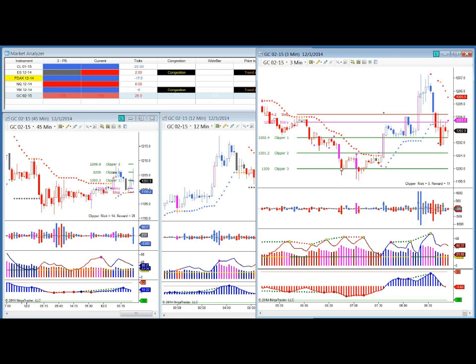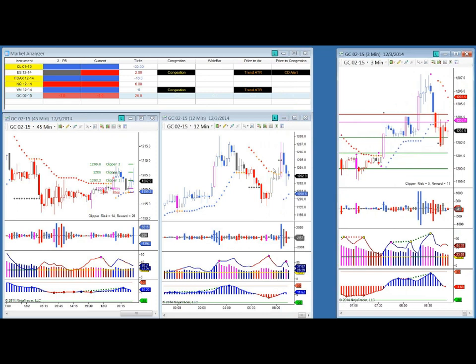And then what happened after I exited? I got an alert that says, hey, you're at the ATR on the 45-minute. I said, oh, that's good. I went right back to the long side. But this time I only took 1 clipper level because the ATR on the 12-minute was in the way. It was sitting right here. And I said, okay, fine, I'll take 1 clipper and be happy.